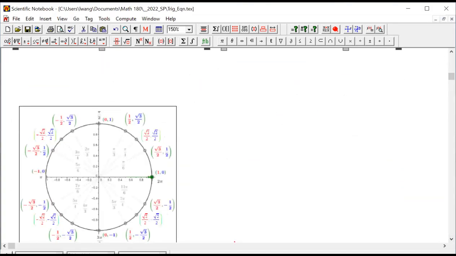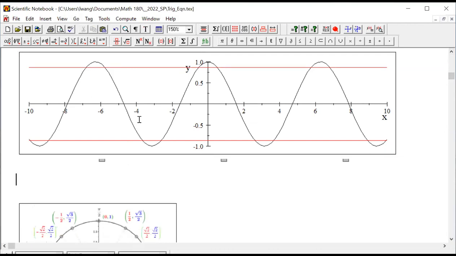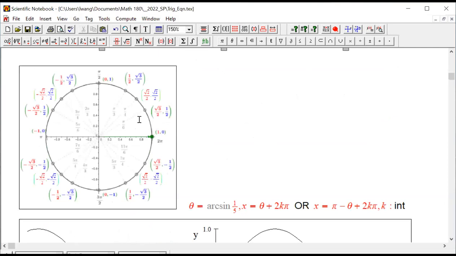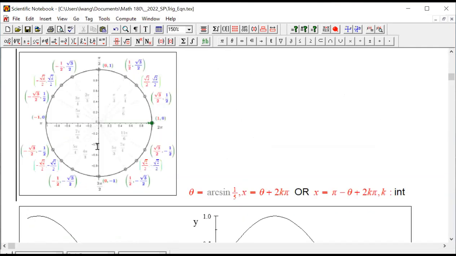When we look at the unit circle, this is interesting. Look at this, okay? Cosine equals √3/2 or negative √3/2. So how many terminals do we have there?